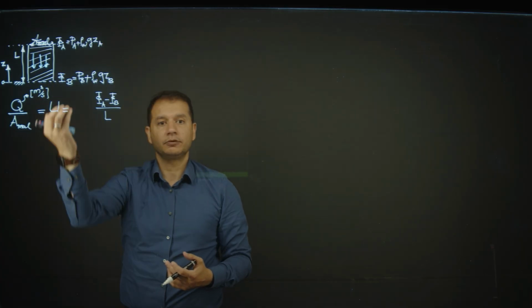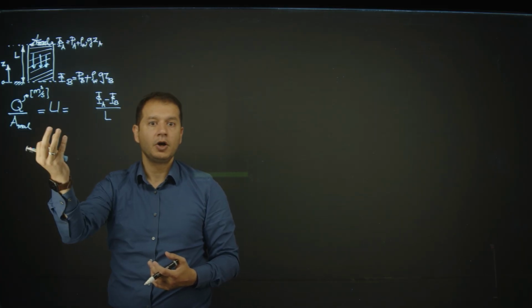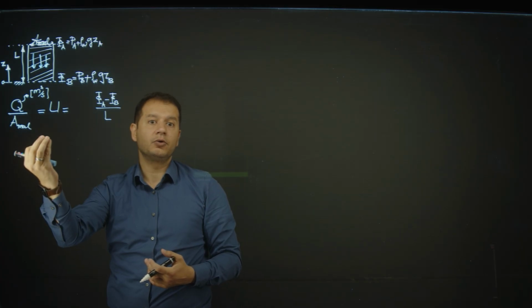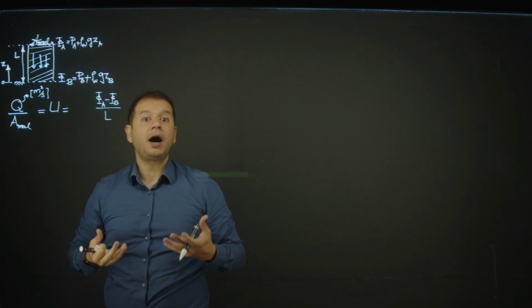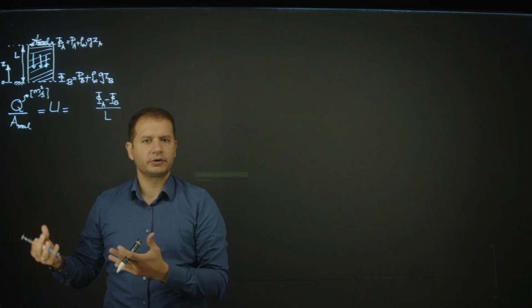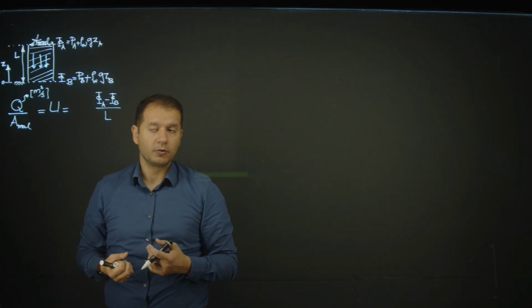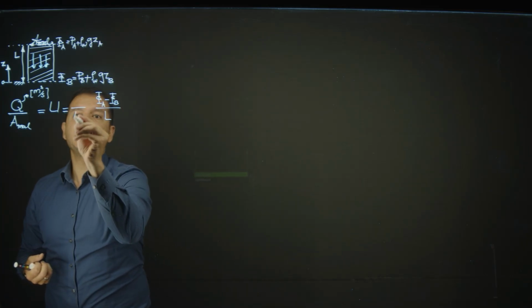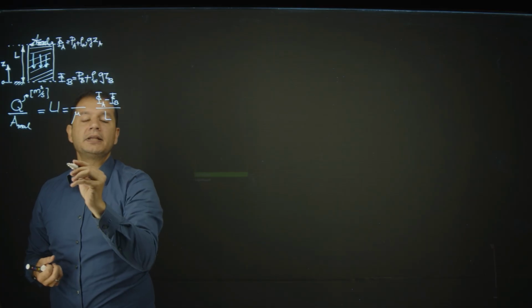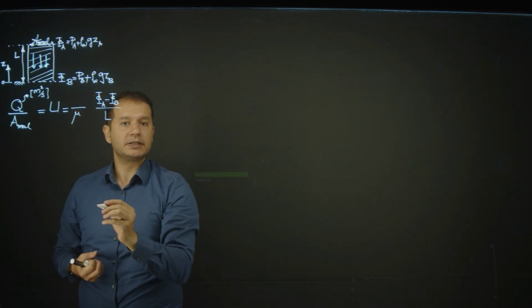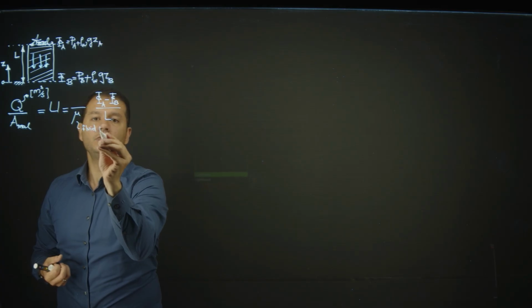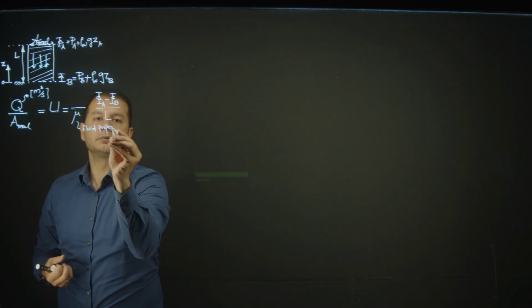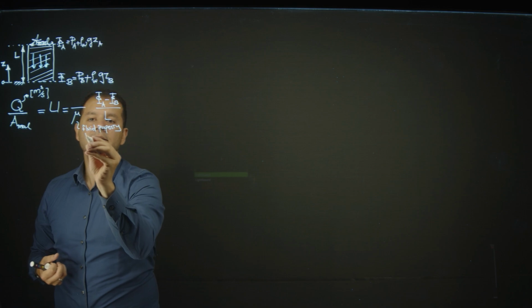If you put honey to flow, or water to flow, or hydrogen to flow, they will have different viscosities. And viscosity, the higher it is, the more difficult it is for the fluid to flow. So it goes to the denominator of this equation. That's the viscosity of your fluid, which is a fluid property, and it is in the unit of Pascal second.